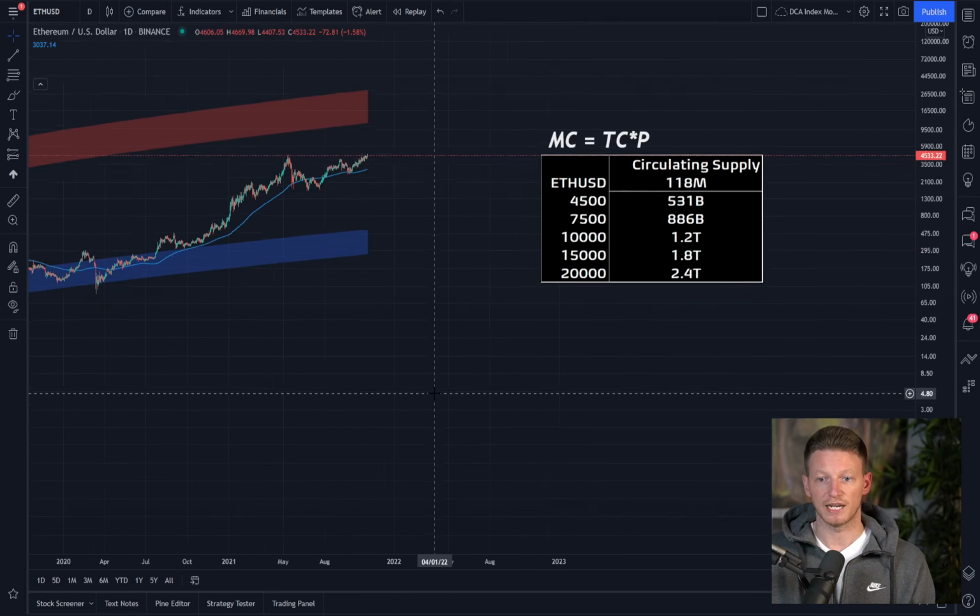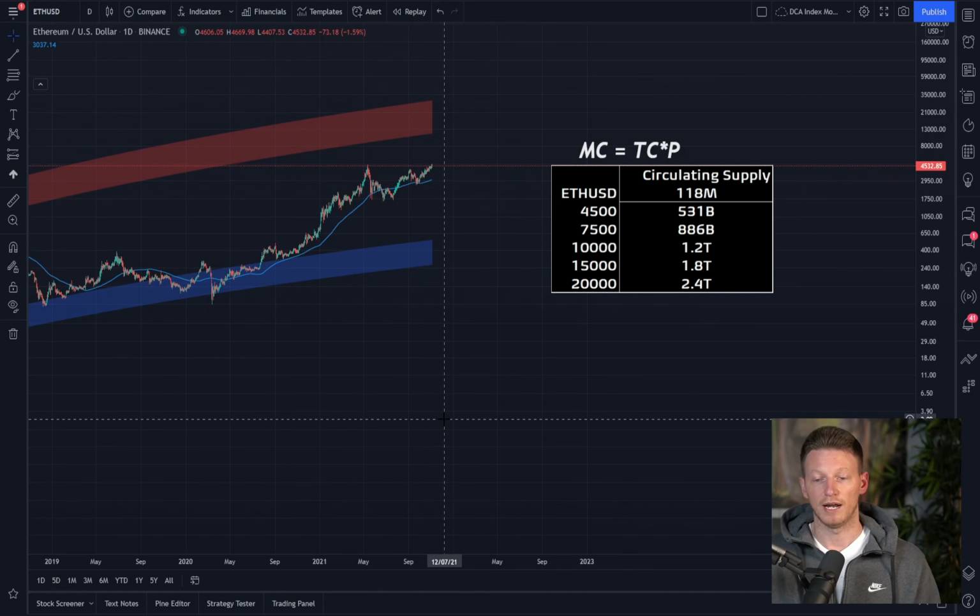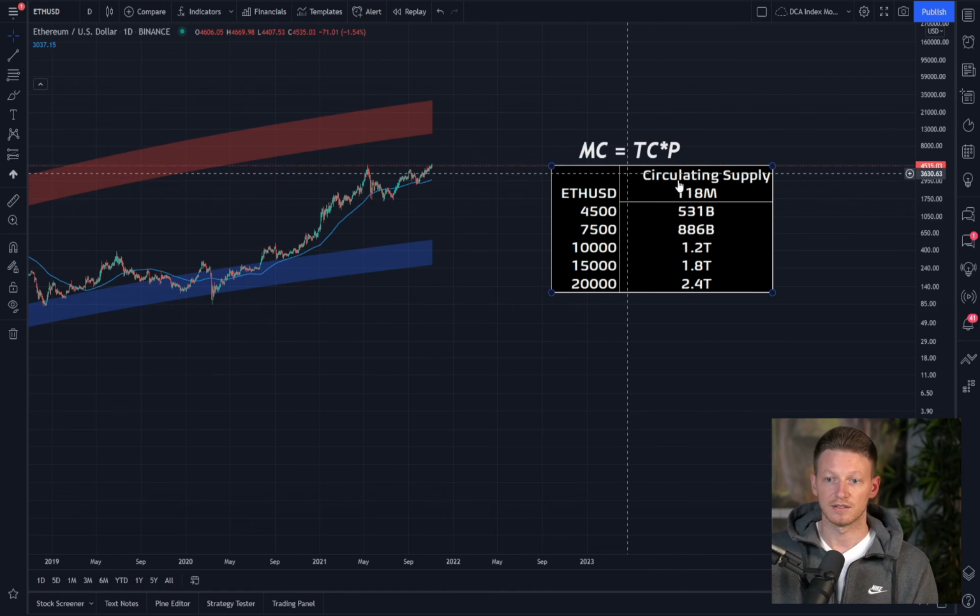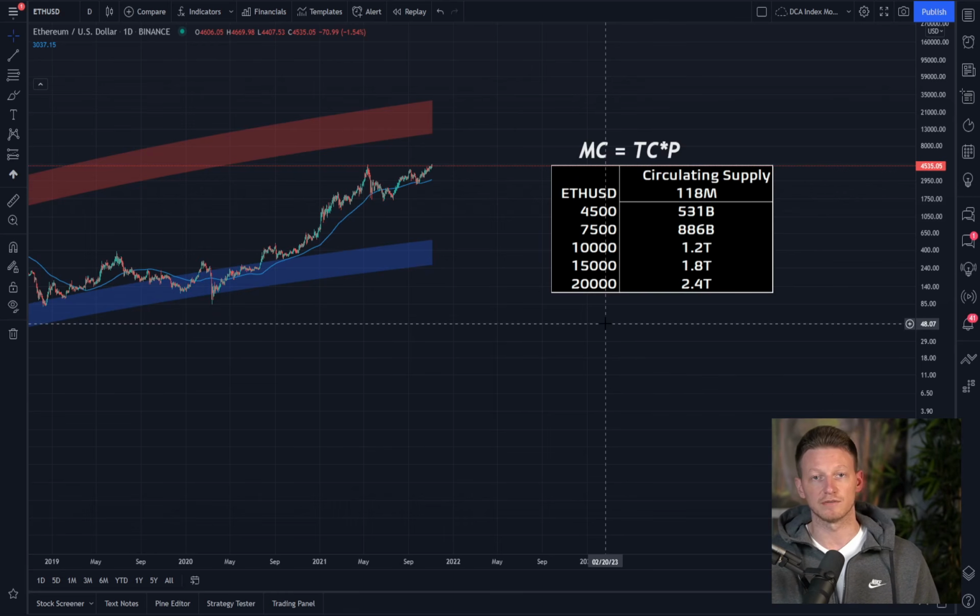The last thing we'll look at is, I always talk about the market cap. You have to consider the market cap. The price doesn't matter. The price can be anything. It's all dependent on the total number of coins. And when we say $20,000, well, let's ask ourselves, what kind of market cap will that give us?